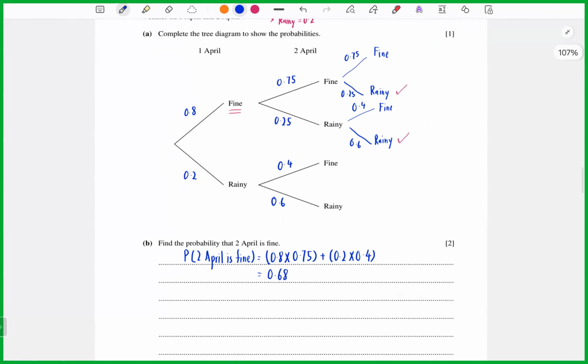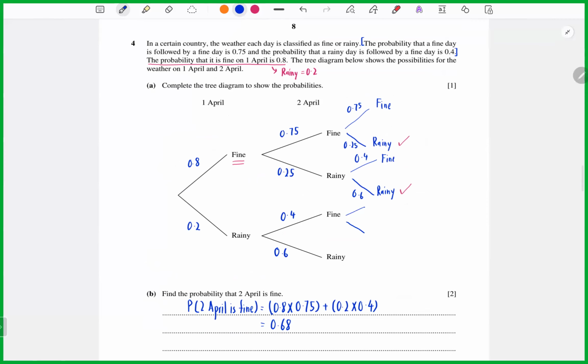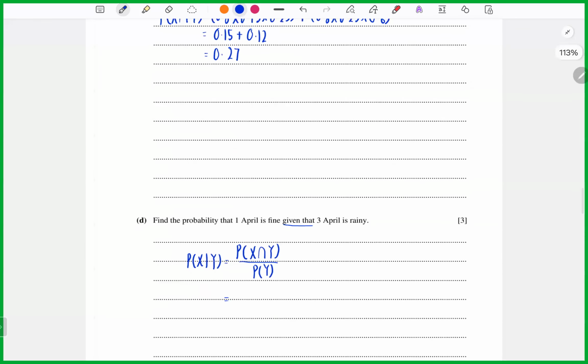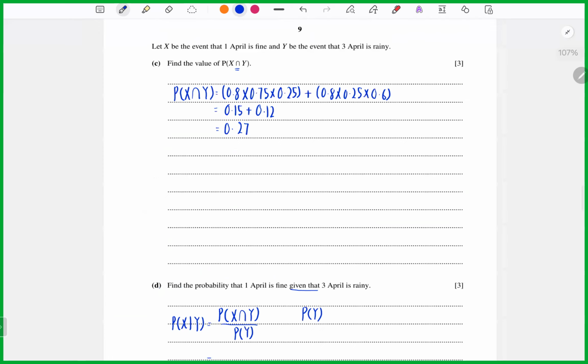It means you need to calculate the other parts here. So fine, here is fine, fine and rainy. Now we need to find the probability of Y, right? The probability of Y is that 3 April is rainy, so we need to focus.